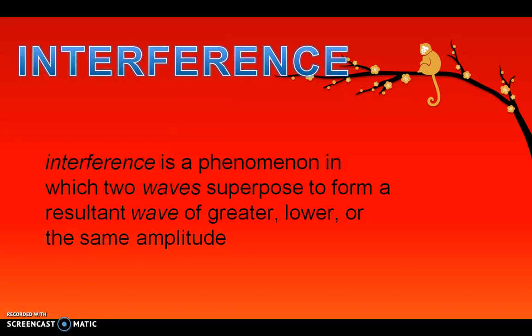I said interference is the superimposition of two waves of equal amplitude moving in opposite direction. This will cause the two waves to overlap or superpose, forming another wave which is either greater than the initial amplitude or smaller.